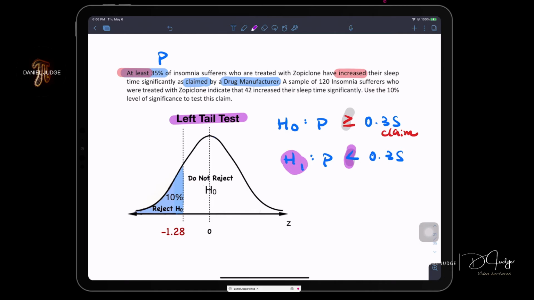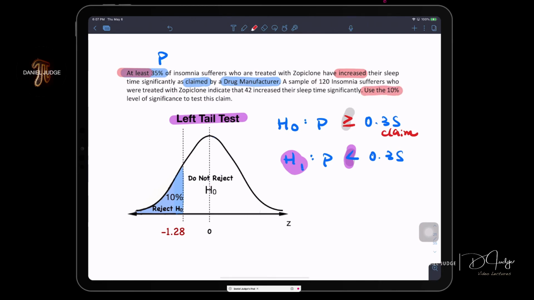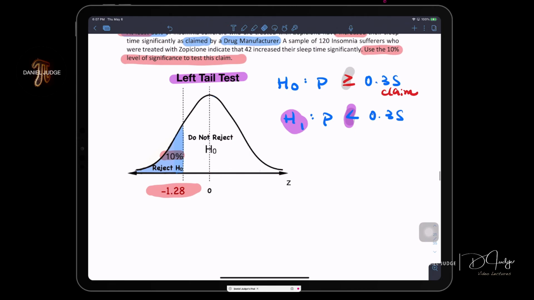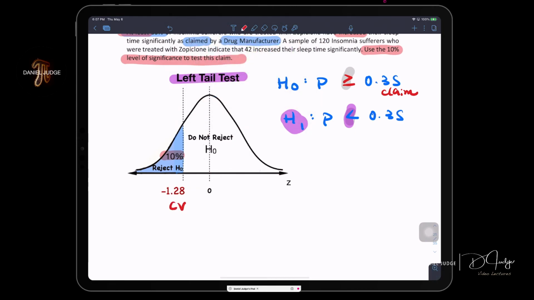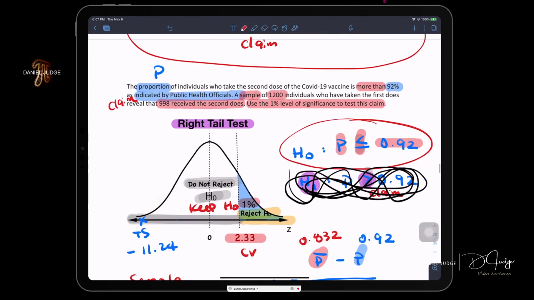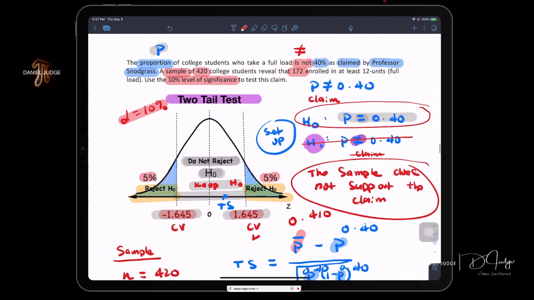If we finish reading, they're going to tell us to use the 10% level of significance, so 10% is in the left tail. Let's double check. Is the critical value negative 1.28? We worked on this earlier. Let's find 10% left tail.